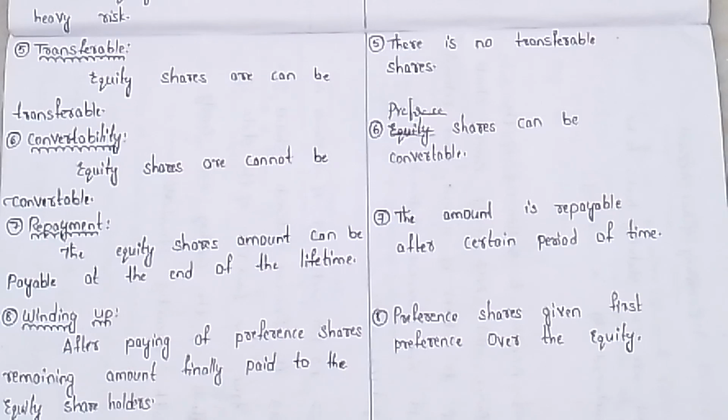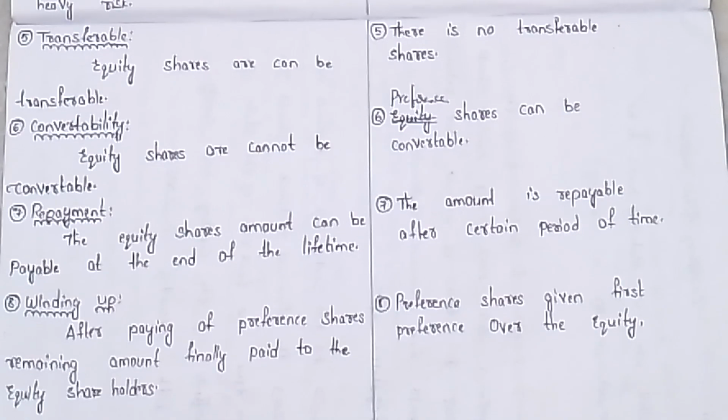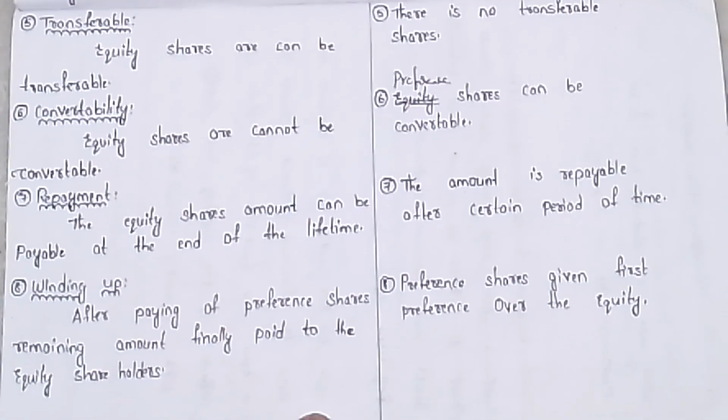Preference shares have first preference over the equity shares. So preference shares are paid first, then only the equity shareholders are paid when the company is winding up.